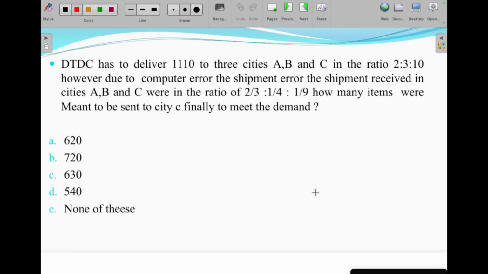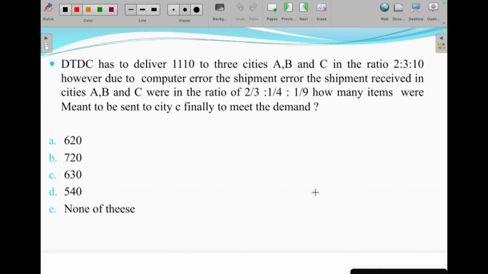Online students also try to solve this question. Anyone?